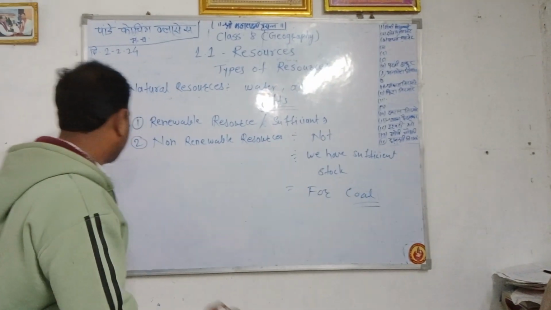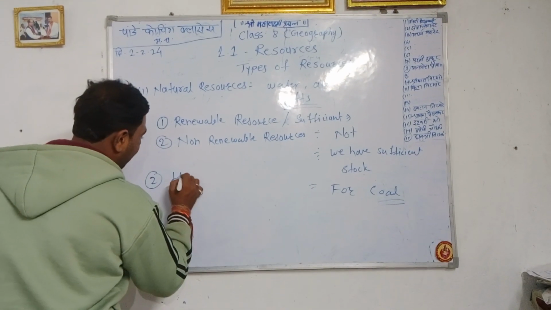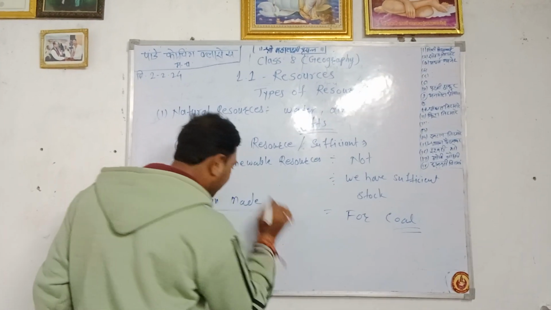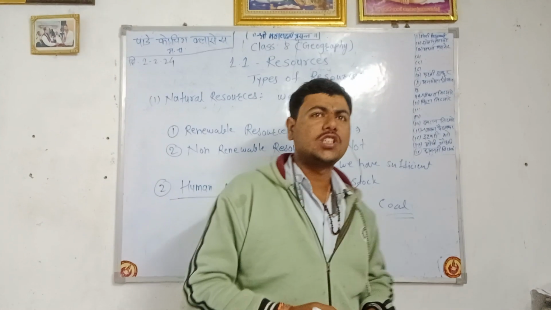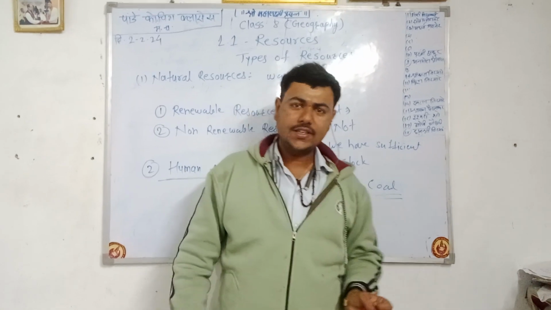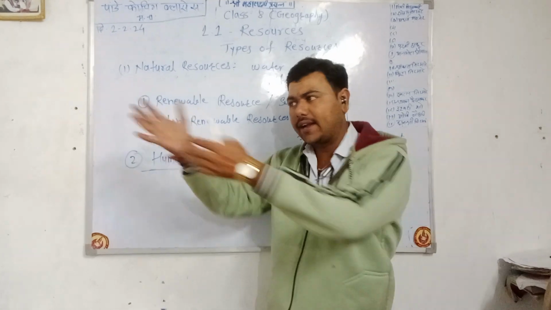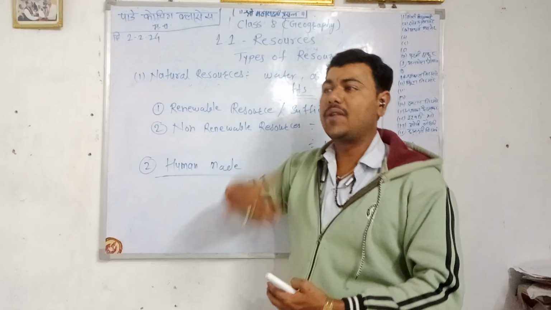Next, the last point is human-made resources. What is in human-made resources? Human-made resources means that after using some equipment, we process things and make our own things. For example, we can take wood from nature and make a sofa set.